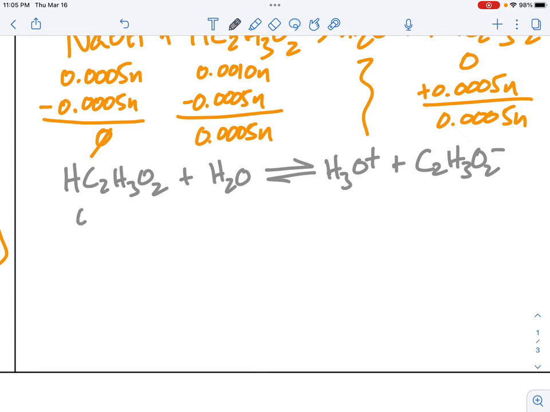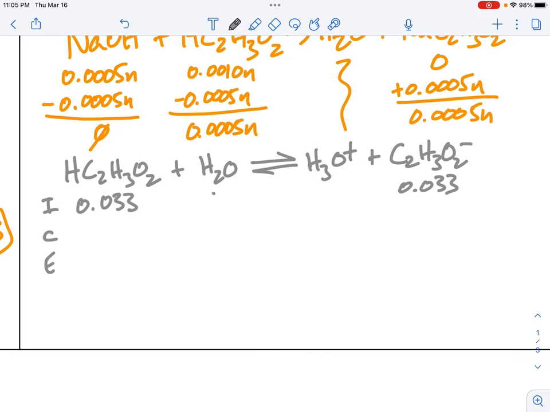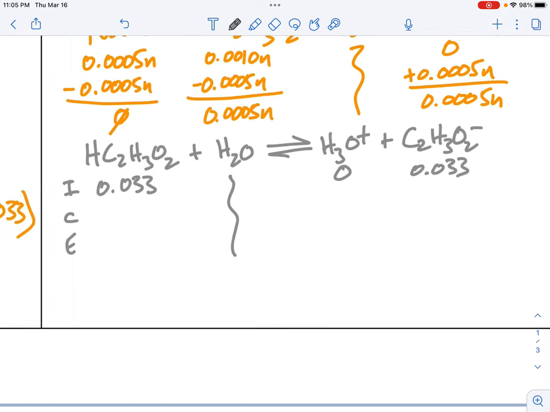So this concentration, our initial concentration, is 0.033. Our moles of our conjugate base are the same, and the volume is the same, so our concentration of this is the same as well. All right. Water, again, we ignore. We didn't have any of this to begin with.